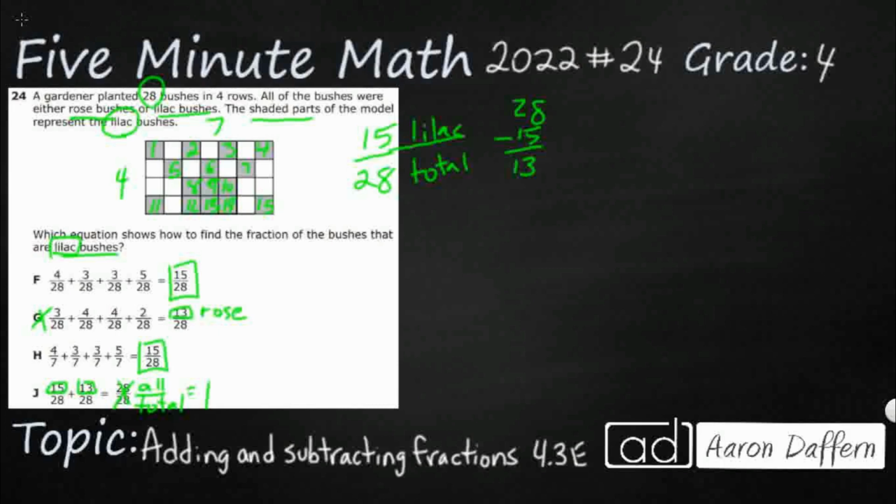Okay, so take a look at F. F is going to take these in chunks. So it looks like they're doing each row, right? So this first row right here is going to be 4 28ths. And then the second row right here is going to be 3 28ths. This third row is going to be 3 28ths.